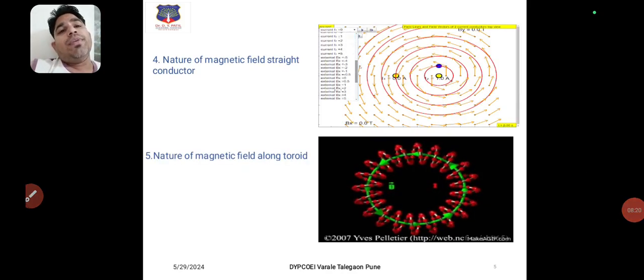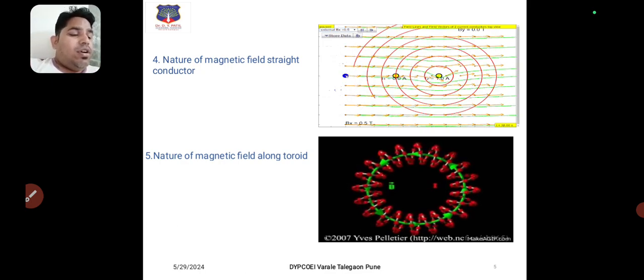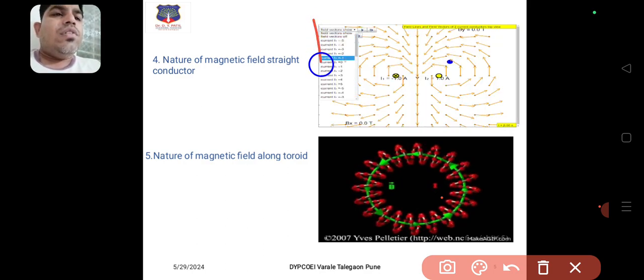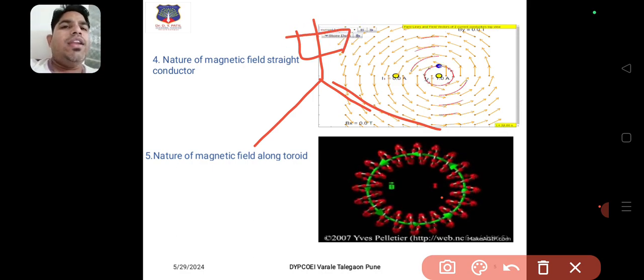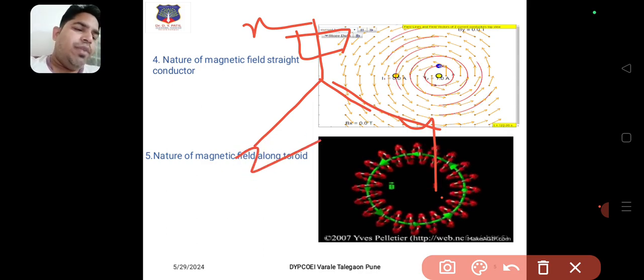So the next concept is the nature of magnetic field in the straight conductor. Before we start, consider any one conductor kept along one axis of a three-dimensional system, with x, y, and z.